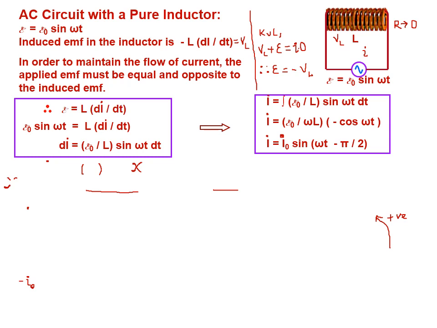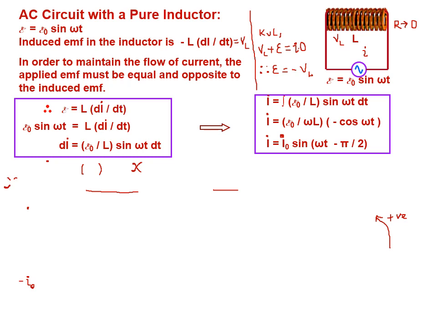Now see, we have I is equal to E naught by omega L into minus cos omega t plus a constant. But that constant we have taken as 0. The reason is the constant has the same dimension as that of current by dimensional analysis, and because it is not retaining any charge, neither is it producing any charge, so over the positive half cycle, whatever is the charge, in the negative half cycle the charge is the same, so the average value of K will always be equal to 0.